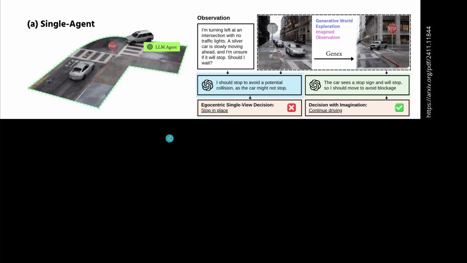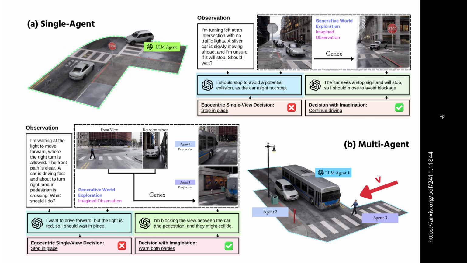They also went on and said, hey, imagine if I have one agent, this is simple, no? One agent has a certain field of view, and this is whatever we can generate from this one agent. But if we now have a multi-agent scenario, this is interesting.